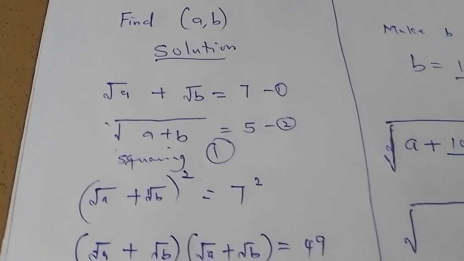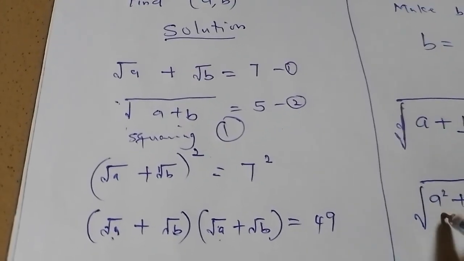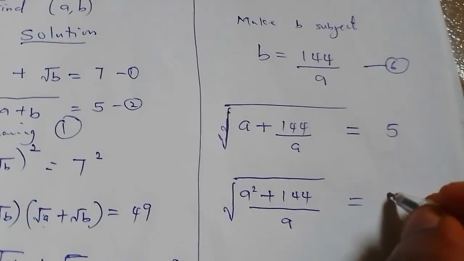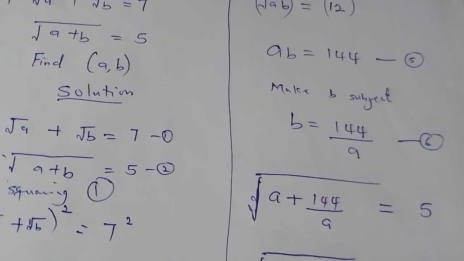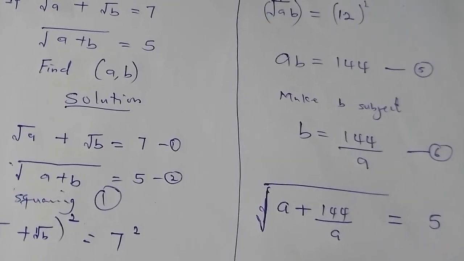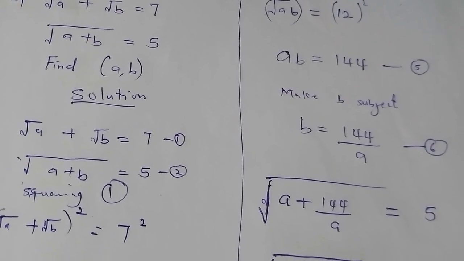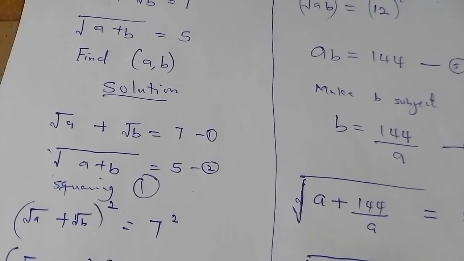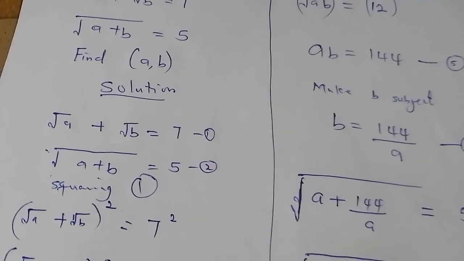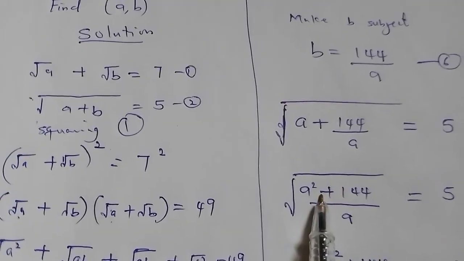Now when I simplify what's inside the square root here, because of time, that will give us A squared plus 144 over A equals 5. Squaring this, I will be having A squared plus 144 over A equals 25, because the square will take care of the square root.